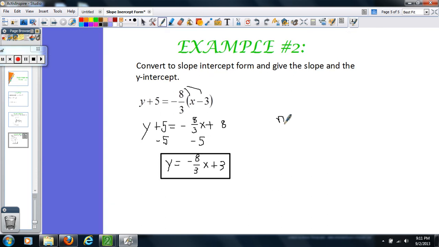And now we need to find the slope, which is going to be negative 8 over 3. And your y-intercept is at y equals 3, which means that it is the point (0, 3). And that's all you have really to do with slope-intercept form.